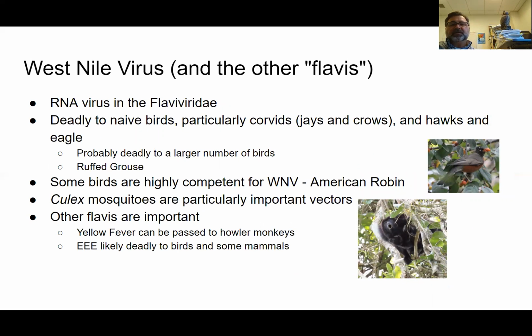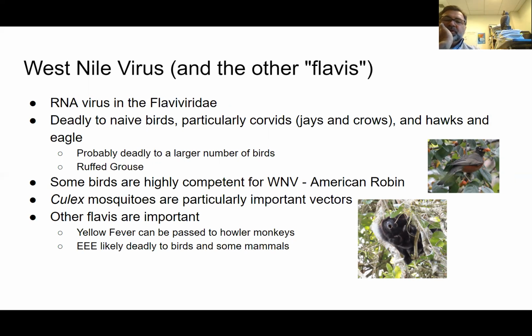West Nile virus and other flaviviruses. So flavivirus refers to the Flaviviridae. West Nile virus is just one of a number of important viruses, and I'll go into some other ones. But it's an RNA virus. It's deadly to naive birds, particularly the corvids, and corvids includes jays and crows, and then hawks and eagles are also susceptible to West Nile virus.